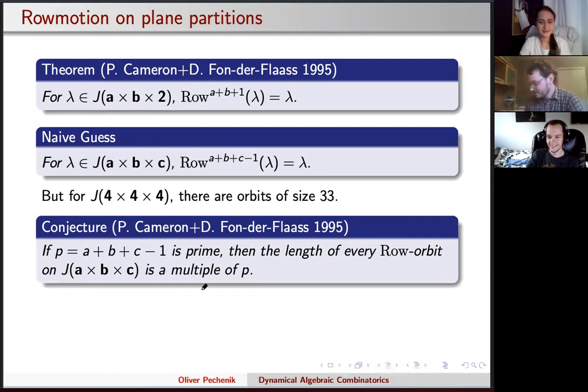They said, well, the thing we were hoping for wasn't true, but suppose the number we were expecting to get was a prime number, like 11. Maybe I don't get back in 11 times, but wouldn't it be nice if at least I got back in some multiple of 11 times? Like 33. So we're not going to get some random orbit size. We're not going to get a 34 or a 35, but we might get a 33. We might get a 44, but we don't for some reason. Very strange thing.